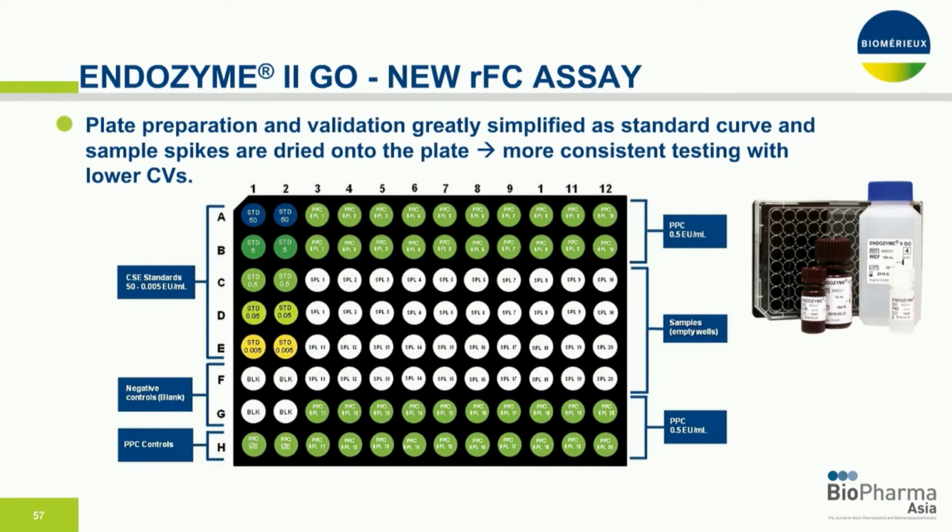And you also have the choice here to use the standard curve that best suits your product. So this one runs from 0.5 to 50, but you can also choose 0.5 to 5, or what's most commonly used, the 0.05 to 5. So you can see some flexibility built into the plate, and then all the sample PPCs are performed at 0.5.